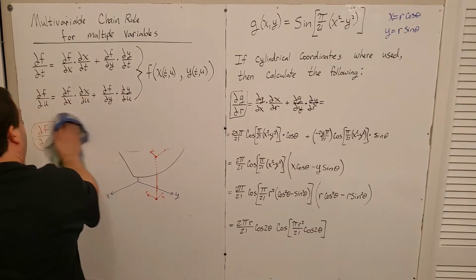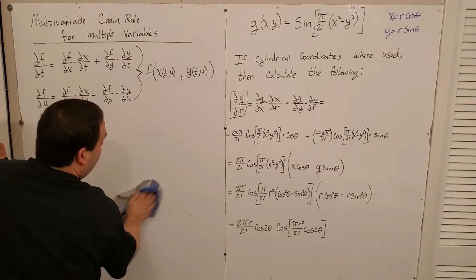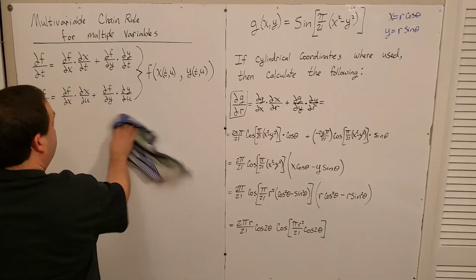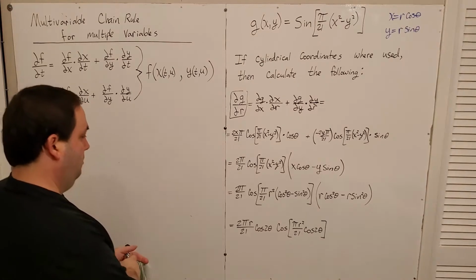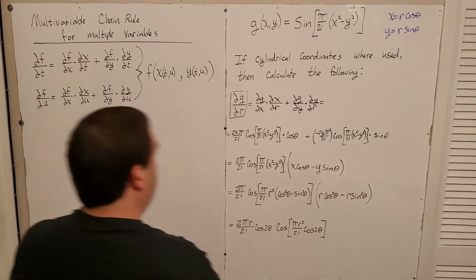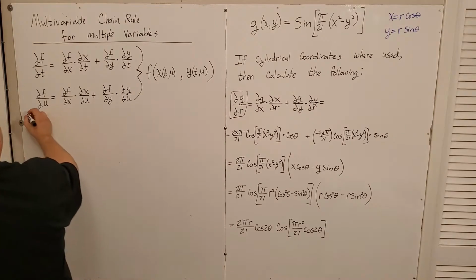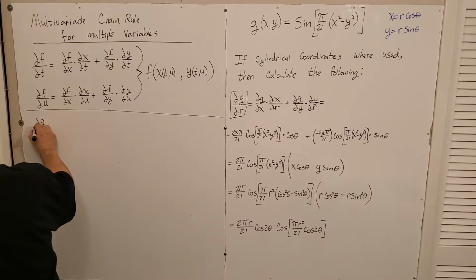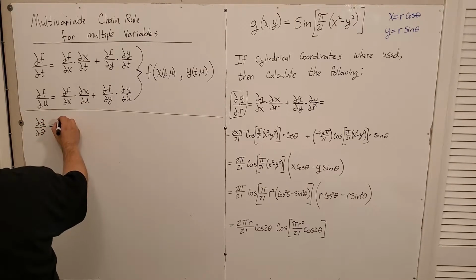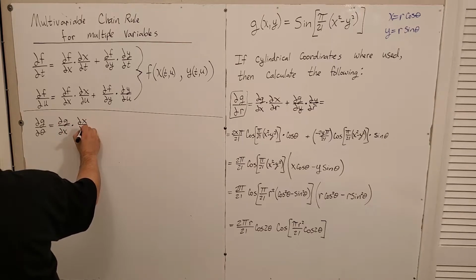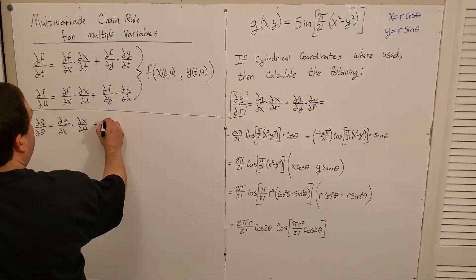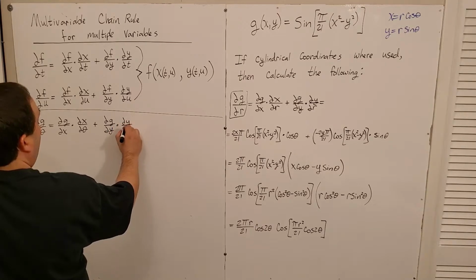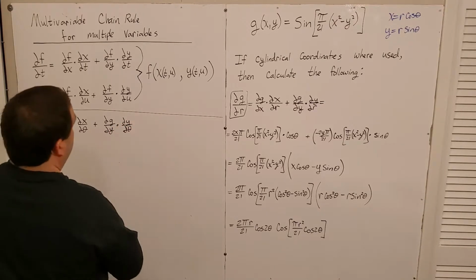Let's make a little space over here and do the partial of g with respect to theta. So my partial of g with respect to theta is going to be the partial of g with respect to x times the partial of x with respect to theta, plus the partial of g with respect to y times the partial of y with respect to theta.